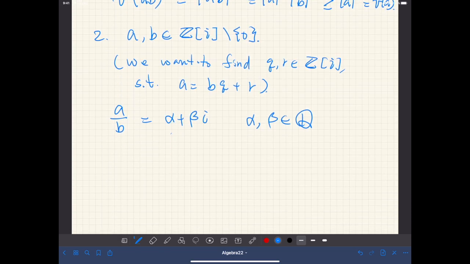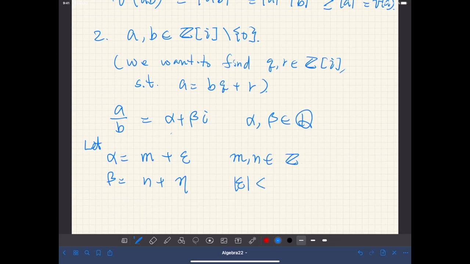Let's express alpha as a sum of an integer m that is closest to alpha, plus epsilon, which is a rational number. So let alpha be this and beta be n plus eta, such that m and n are integers.